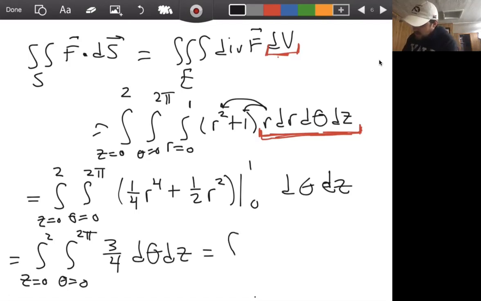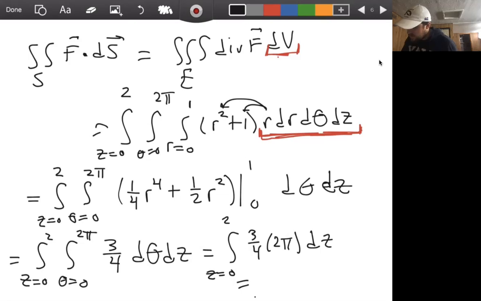So this is going to be the integral z equals 0 to 2. If we integrate with respect to theta, we're going to get 3/4 theta, and then we would plug in 2 pi. So this is going to be 3/4 times 2 pi dz.